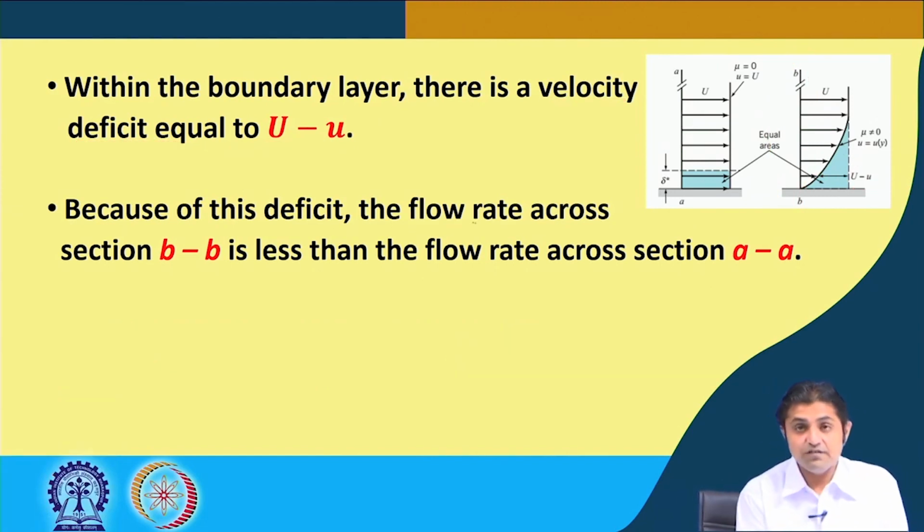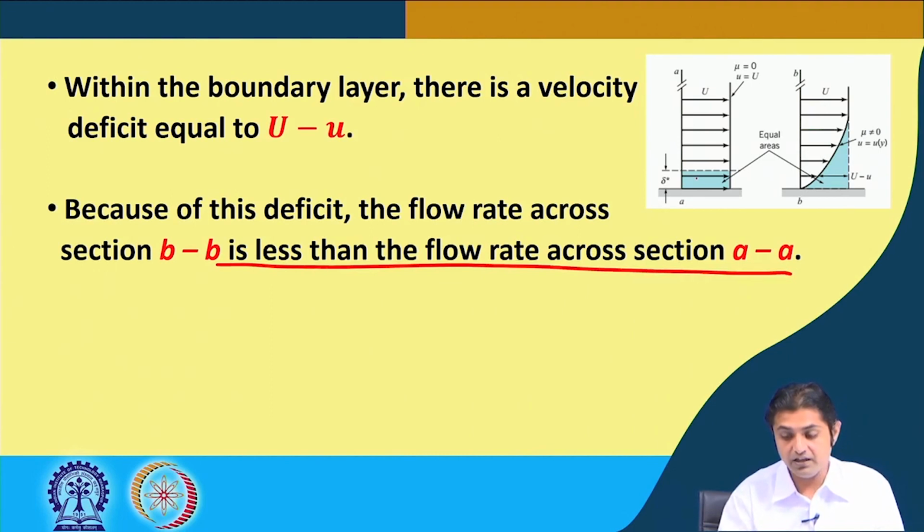Because of this deficit, the flow rate across the section BB is less than the flow rate across section AA. That is correct, because the velocity in the boundary layer is lesser than the uniform velocity profile by capital U minus small u.